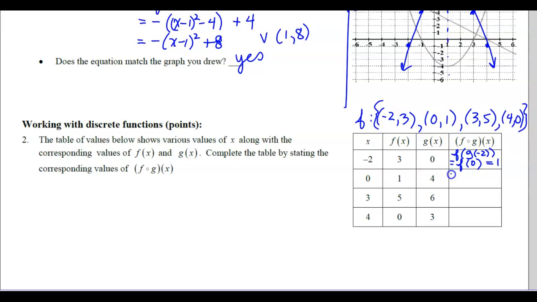So here, the next one will be f of g of 0, right, whatever the x is. So that's going to be f of whatever g of 0 is. So g of 0 is 4. Now we look at when, in f here, when x is 4, okay, what's y? It's 0.